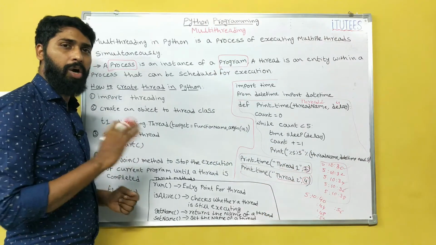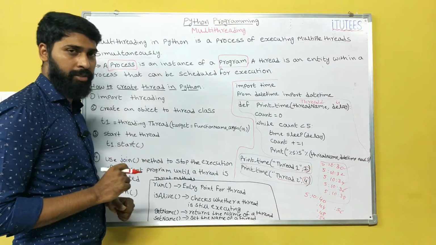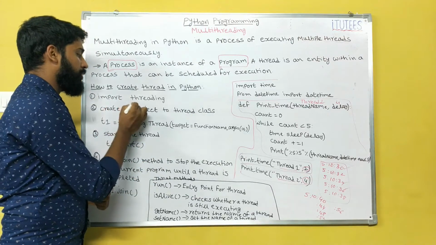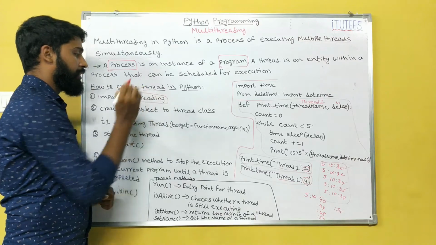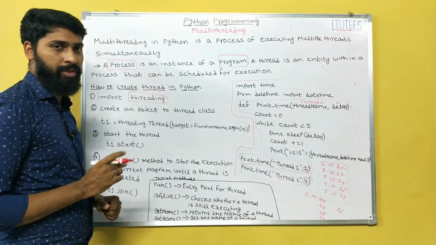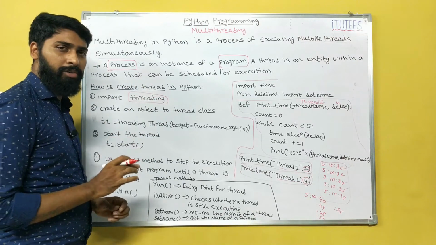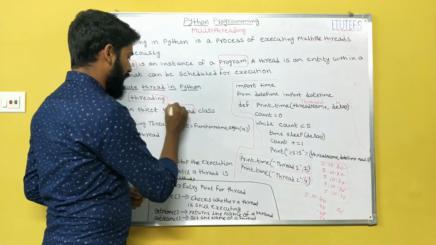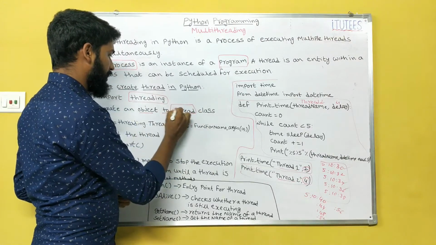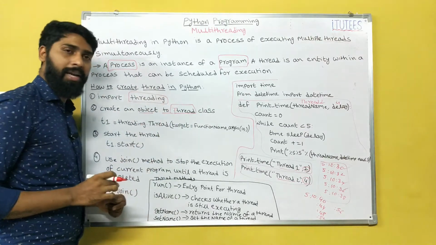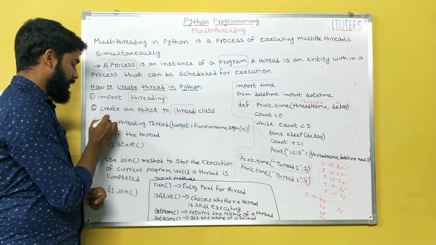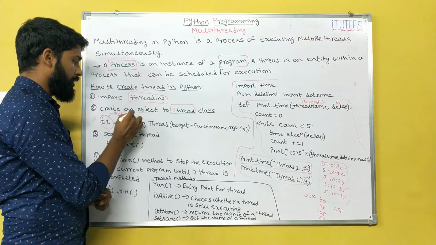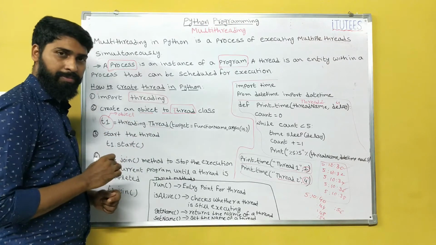Now we can see how to create threads in Python. For creating the threads, the first step is to import the threading module. After importing the threading module, create an object of the Thread class, with capital T. So t1 is the object, and it is an object of the Thread class.